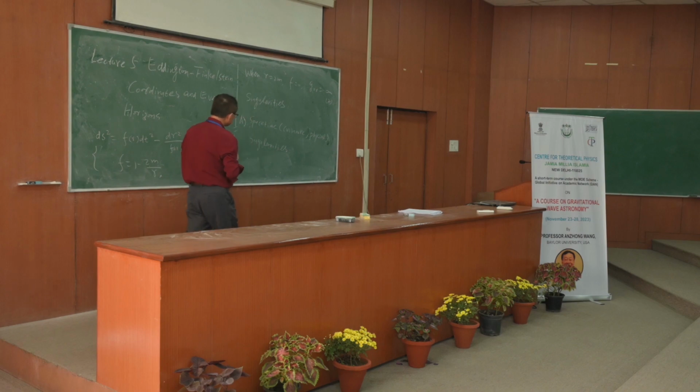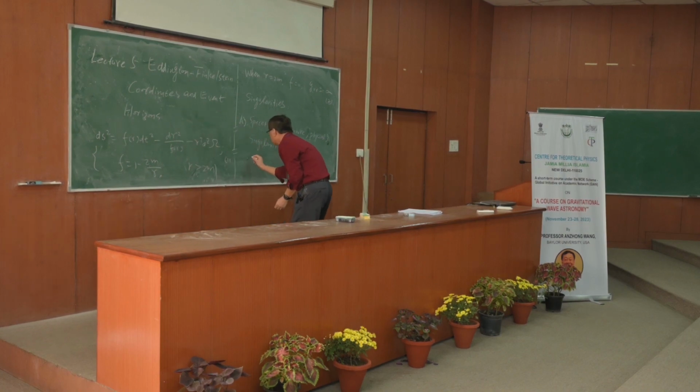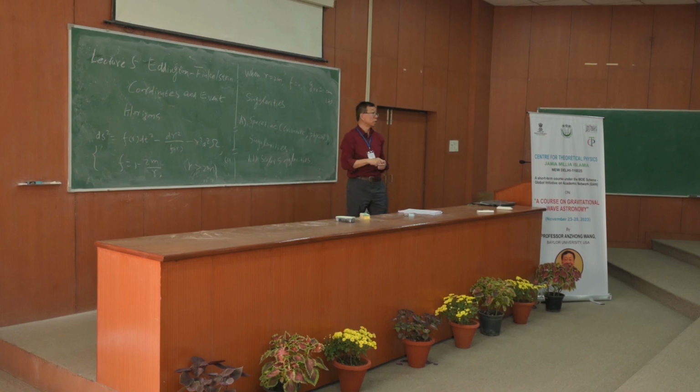Okay. Space-time singularity, again, we can divide into two classes. One is a scalar singularity. What does scalar singularity mean? For example, if we construct this guy, it is a scalar.